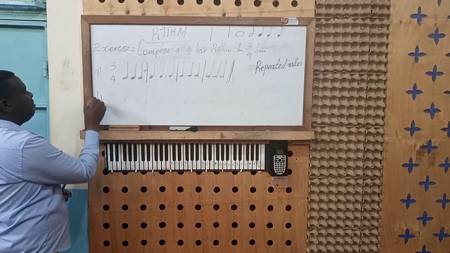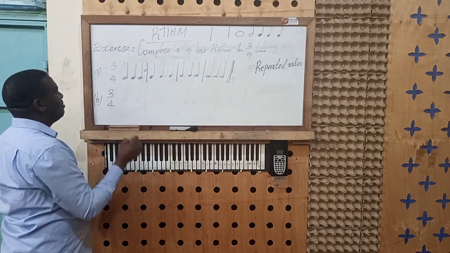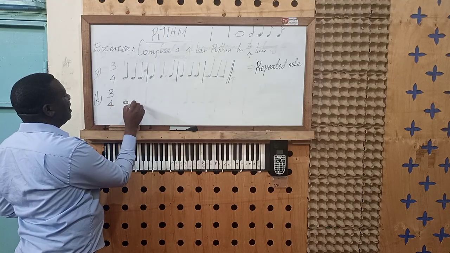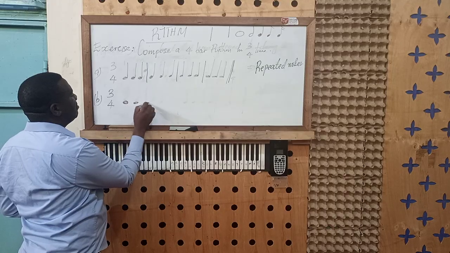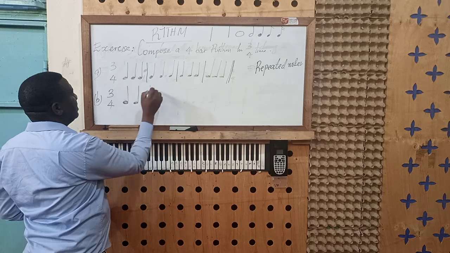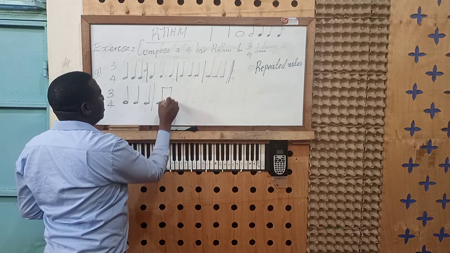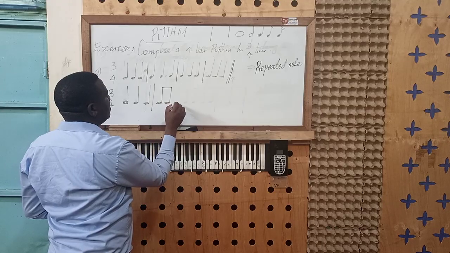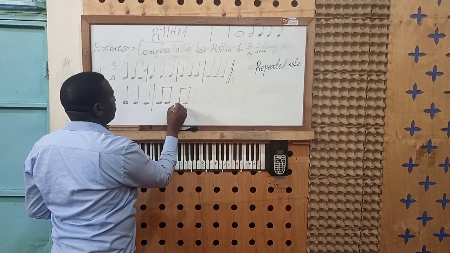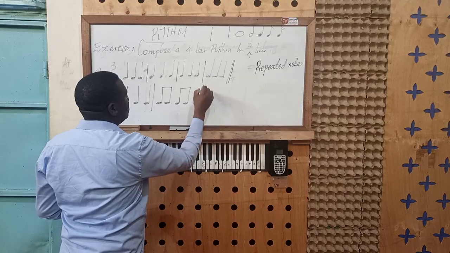Now, for B, I'm just going to do the same, but the first bar, I just do like that. That is the first bar. The second one, I can do 2 quavers and 1 crochet.